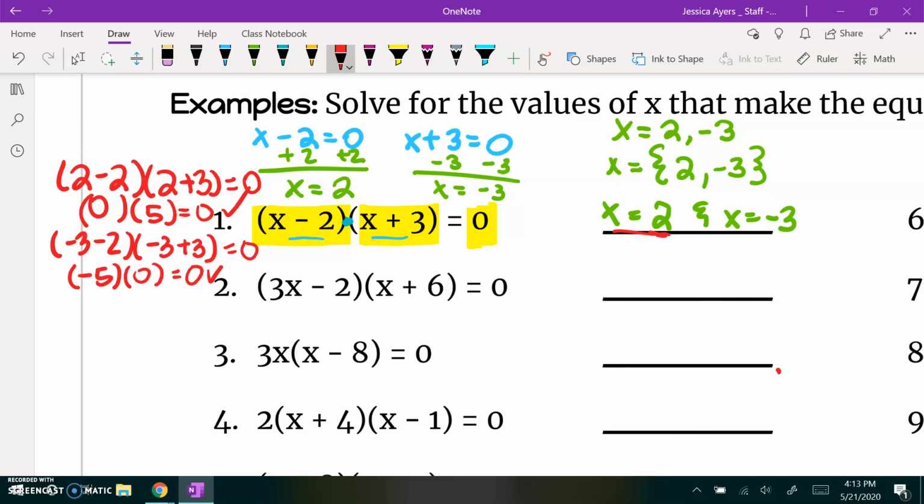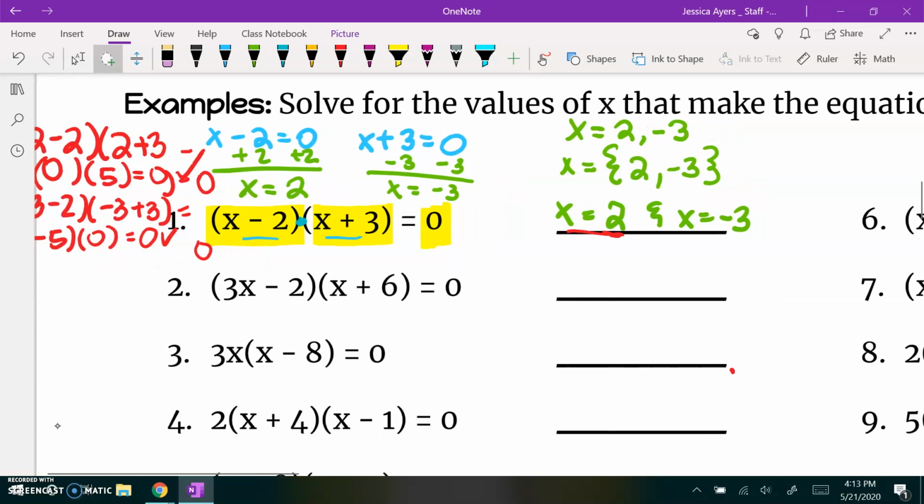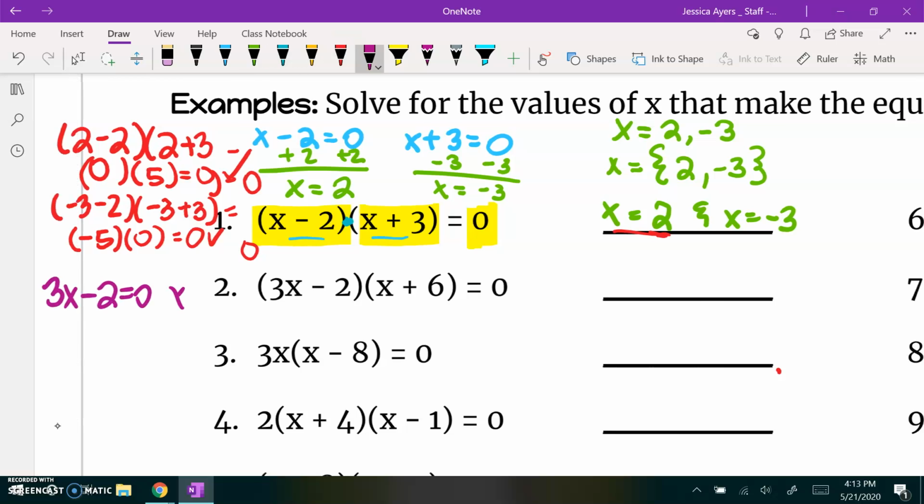the same number. Looking at example 2, we have these two factors. So we're going to set them both equal to 0. I'm going to move this up here. So setting that first one equal to 0, we have 3x minus 2 equals 0 and x plus 6 equals 0.